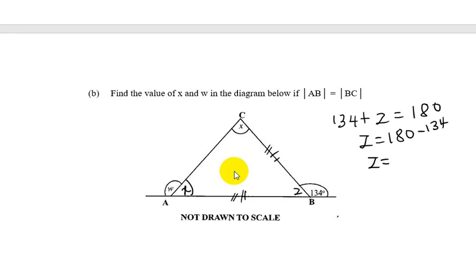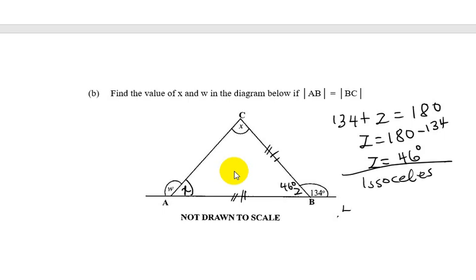So our z is going to give us 46 degrees. So if this angle is 46 degrees and this is an isosceles triangle, the base angles are equal. So to find this x is the same as finding this x, because it's an isosceles.